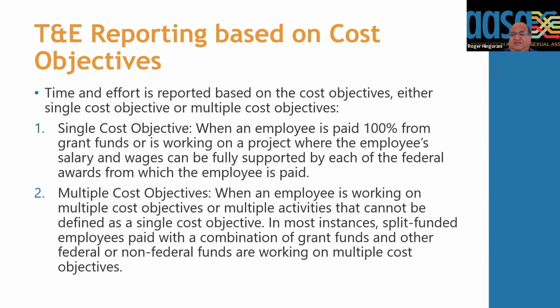In most instances, split funded employees paid with a combination of grant funds and other federal or non-federal funds are working on multiple cost objectives. Like I said, 99% of the employees, or at least 95% of the employees, are split funded, at least on the grants that I monitor. And most of those have multiple cost objectives. So they need to prepare a time and effort based on the multiple cost objective and not as a single cost objective. But we will go over the time and effort reporting of both types of cost objective.